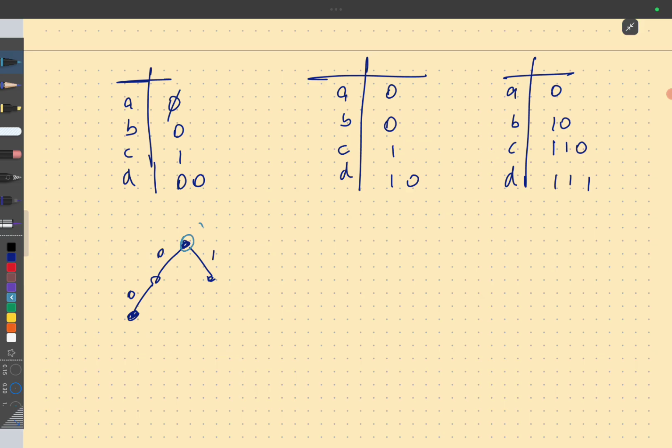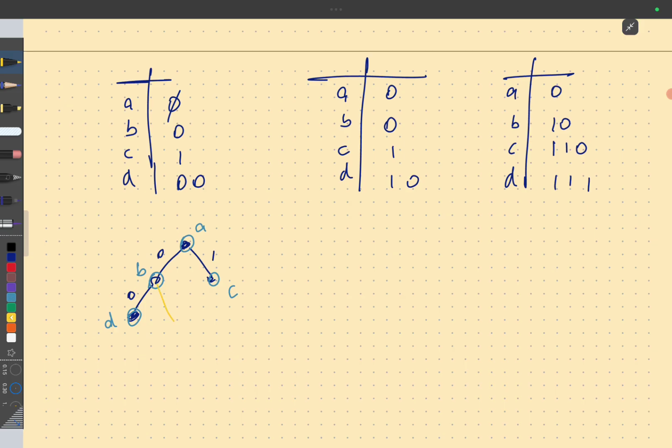So the root corresponds to symbol A. This node corresponds to symbol B. This node corresponds to symbol D, and this node corresponds to symbol C. Note that this is part of a complete binary tree of depth equal to the maximum code word length.